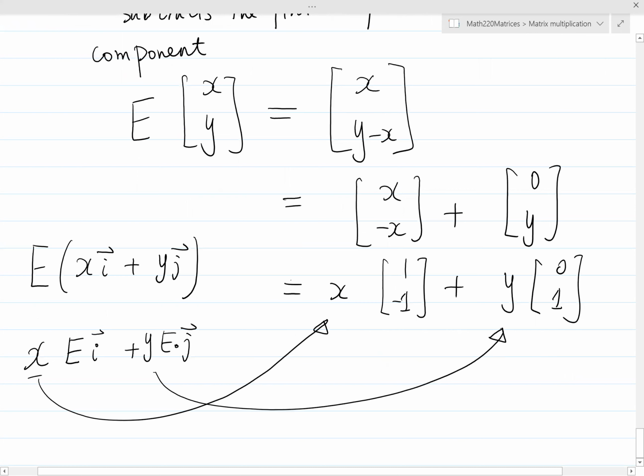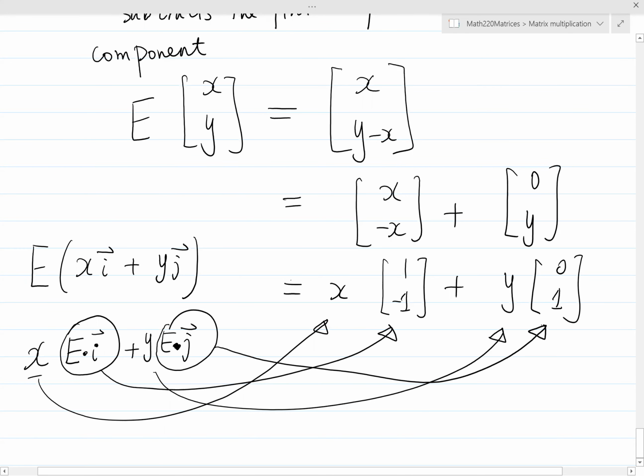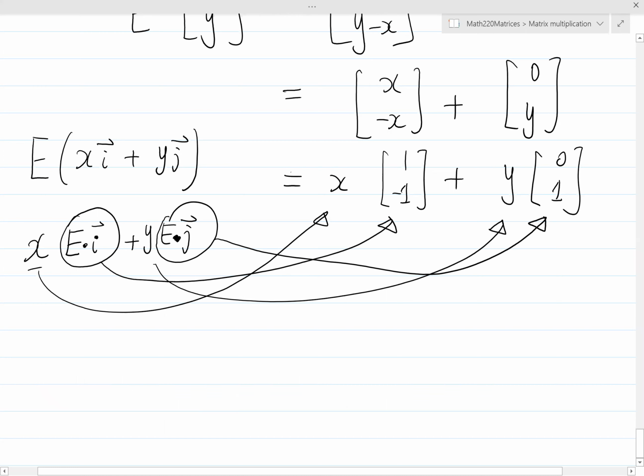So this correspondence tells us that E of i should correspond to this vector, and the output of E if we input j should be the second one, the vector (0, 1).